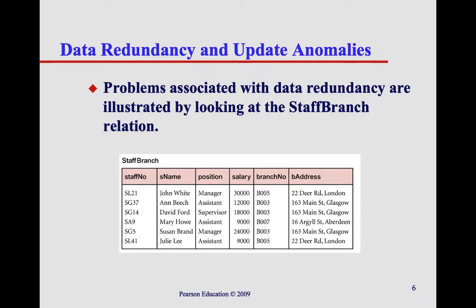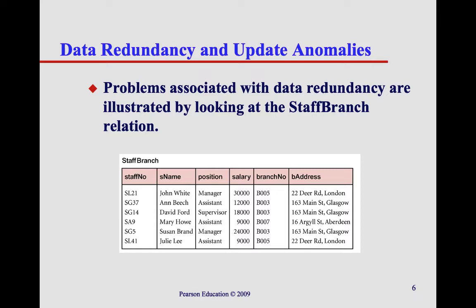So if I delete Mary's tuple from this relation, I also lose the information that branch B7 is located at 16 Argyle Street. I can't find that anymore in the database. It's gone. That's called a deletion anomaly.